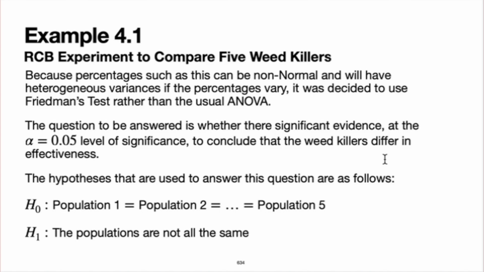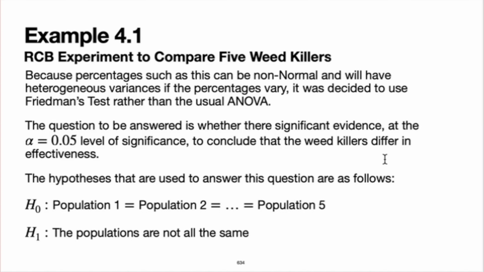If you think about, for example, a binomial distribution, then as the success probability changes, so does the variance. And remember, one of the assumptions about the standard analysis of variance is that the variability is the same from one population to another.